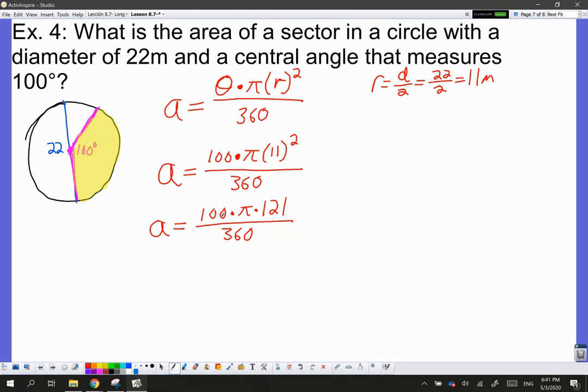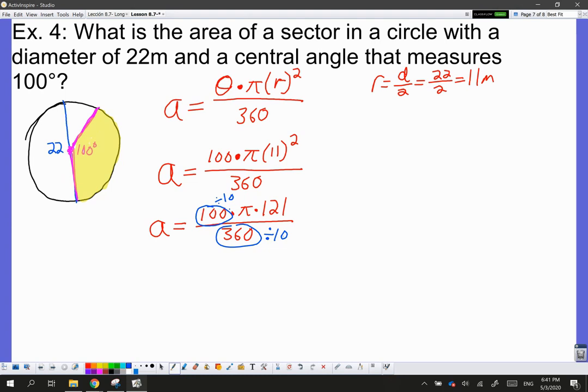So I'm going to look at 100 then. Is there any way, any factors in common between 100 and 360? Yes. And I can see right away that because both of these numbers have 0 at the end, then I know that 10 must be a common factor between them. So I know that I can divide the top and the bottom by 10.